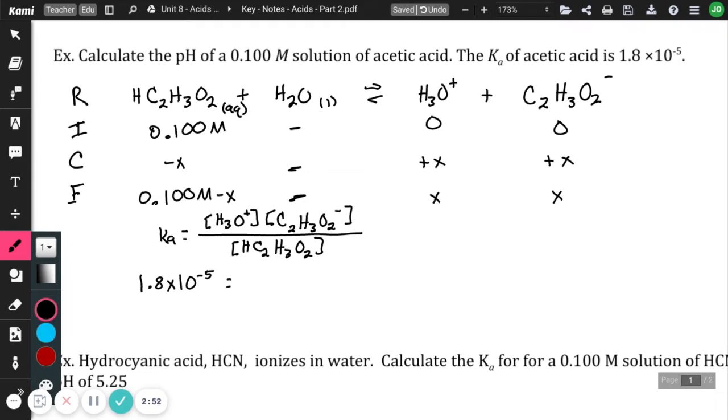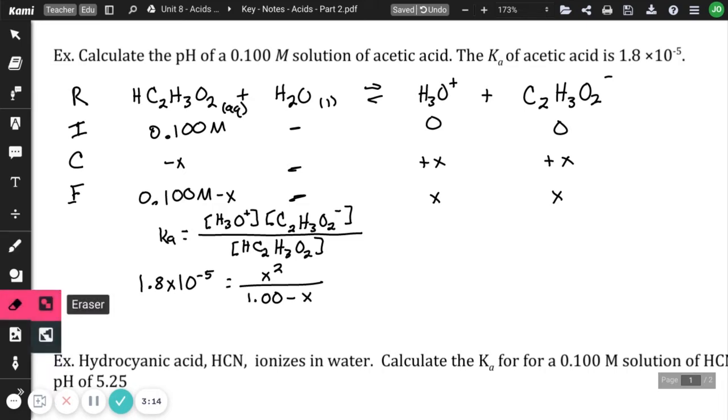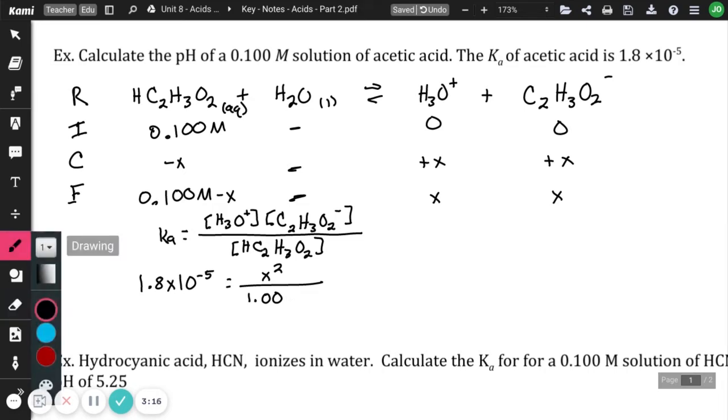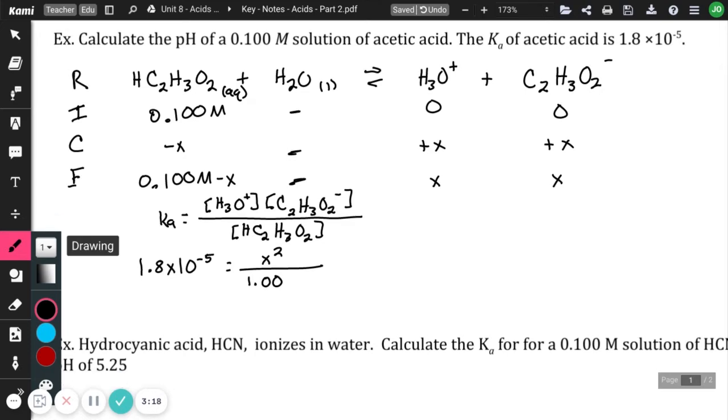And we do need to realize that that is a small Ka, which means we can assume that something is negligible here in a little bit. So then that equals x squared over 0.100 minus x. Now again, we knew that our Ka is a small value, so we can make the assumption that x is negligible here, so we can get rid of that. So now we would just go ahead and solve.